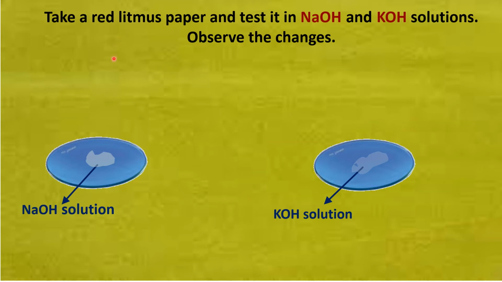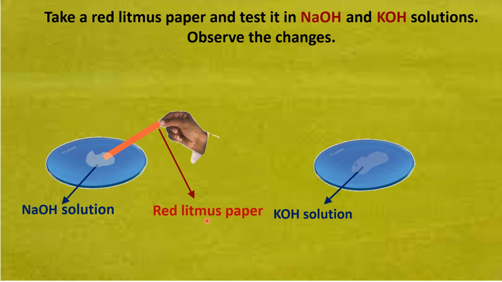We'll take a red litmus paper and dip it in the sodium hydroxide solution and then the potassium hydroxide solution, and we'll see whether it undergoes any change or not. So here we are bringing a red litmus paper and we'll put it in the sodium hydroxide solution. This is a red litmus paper. Now we'll wait for a few seconds and then see.